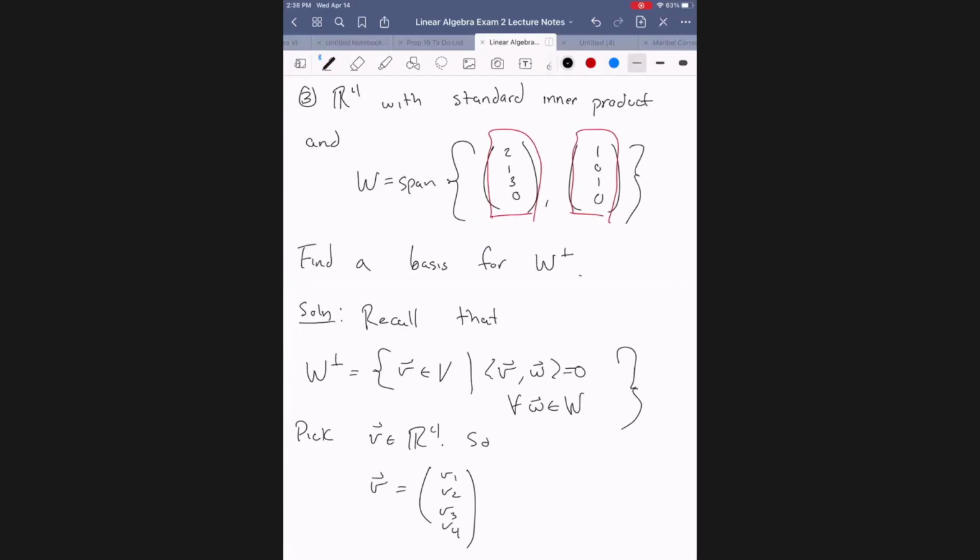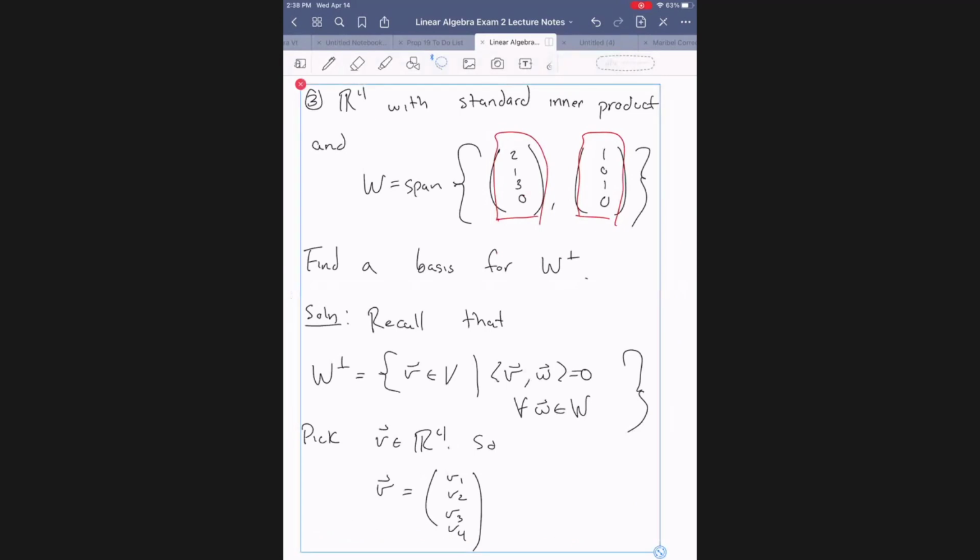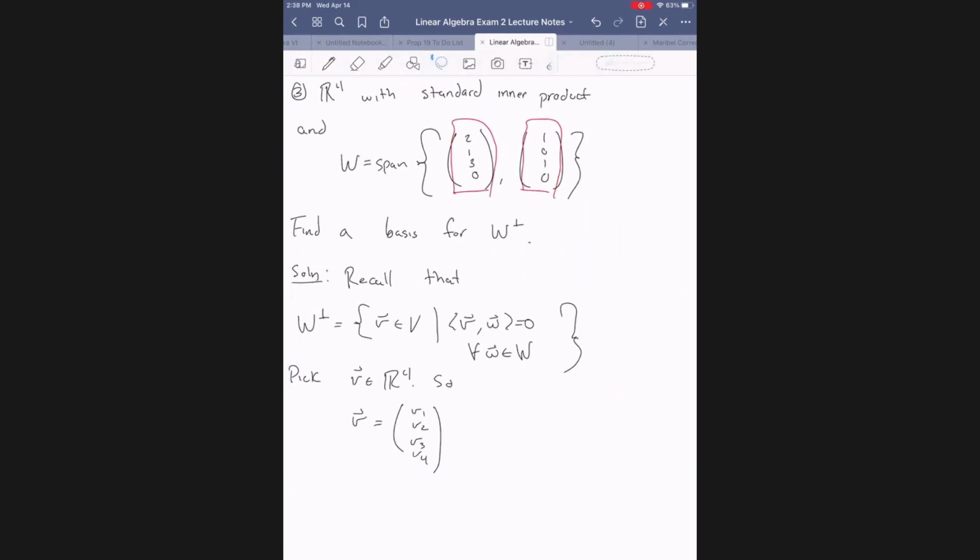So let's see. The inner product in R4 is just the dot product again. So you're going to do V1, V2, V3, V4 dotted with 2, 1, 3, 0, and we want this to equal 0.